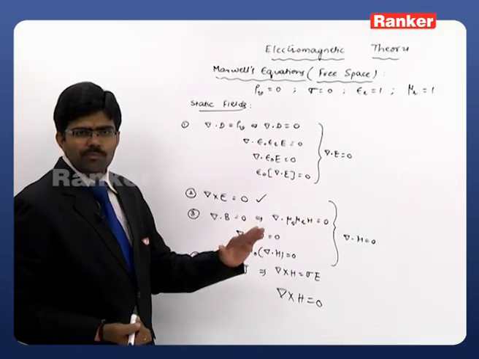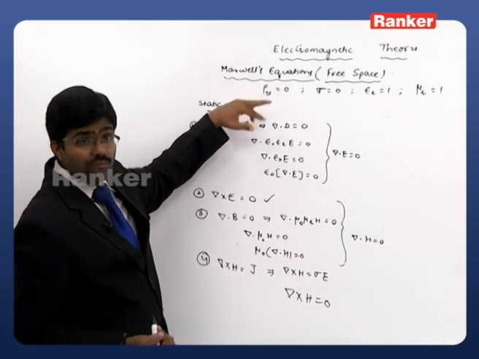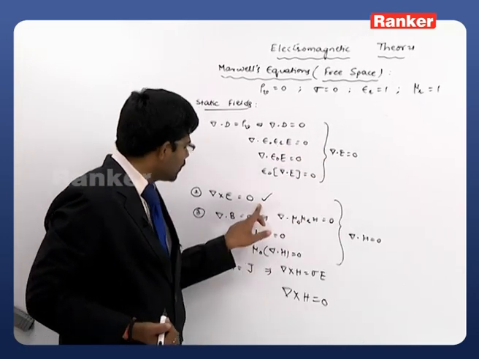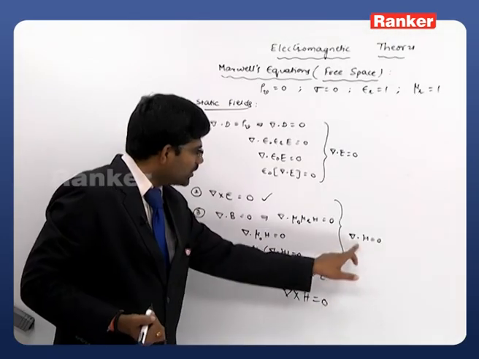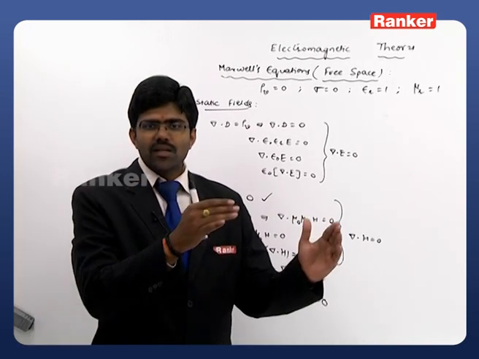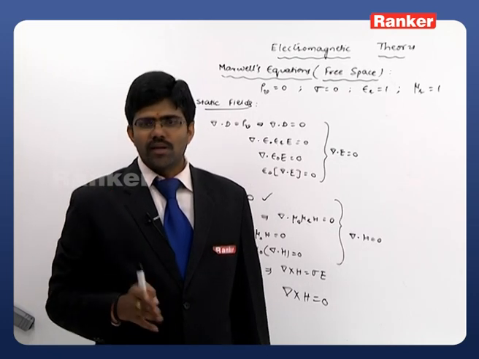So just observe the equations that we found for static fields in free space. Del dot E is equal to 0, del cross E is equal to 0, del dot H is equal to 0, del cross H is equal to 0. So clearly del dot E is equal to 0 and del dot H is equal to 0, so E and H are solenoidal.